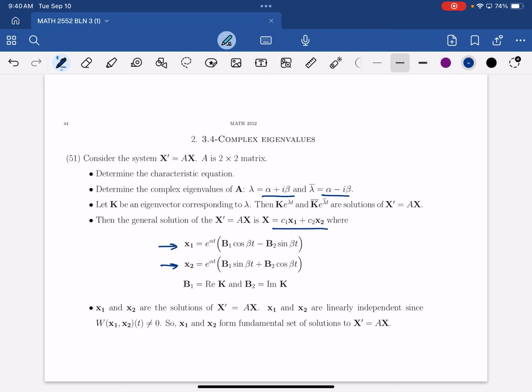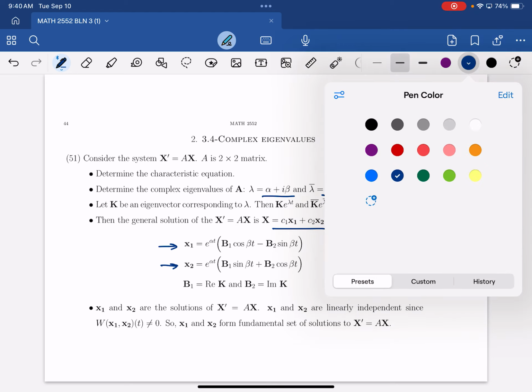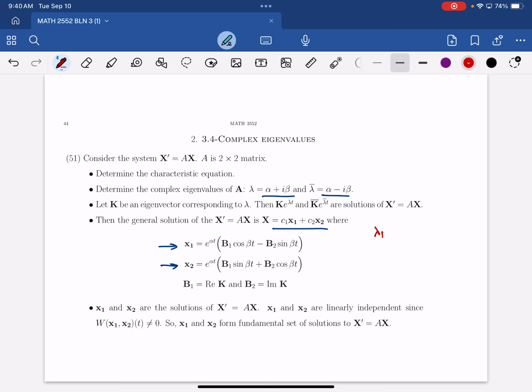What is different is that in the previous case, when my eigenvalues were real and different, my solutions were x1 equals e to the lambda 1 t times v, and x2 is going to be e to the lambda 2 t times w.